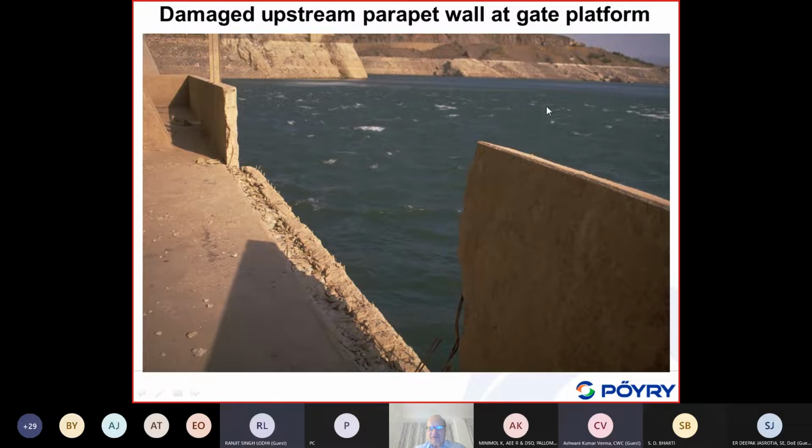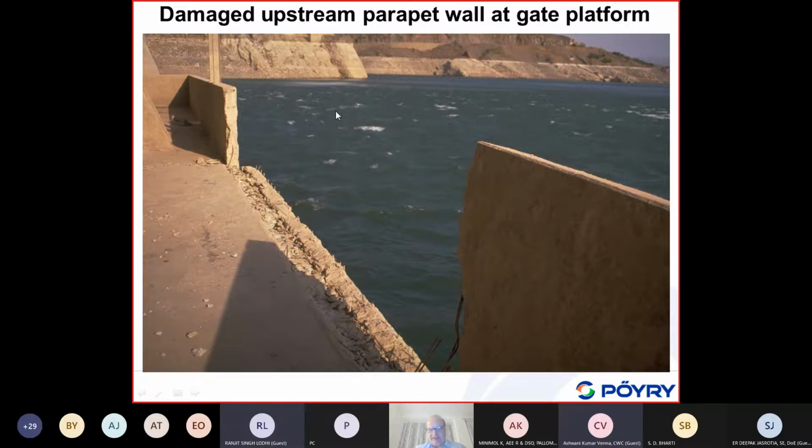You can also see it is quite wavy. It's from thermal effects. It was locally a very strong wind. It was impossible to take a boat and inspect the upstream face, because the wind was so strong, maybe 100 kilometers per hour.